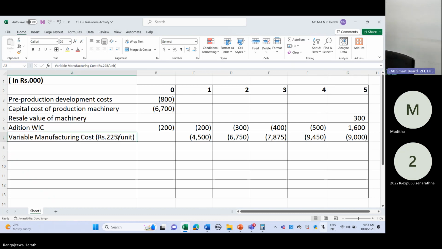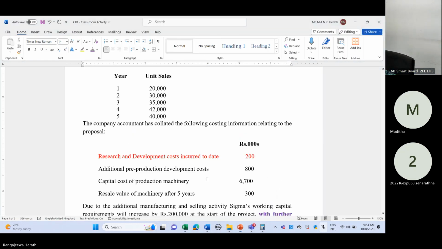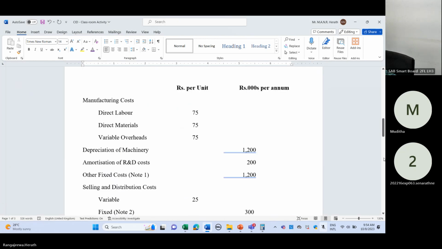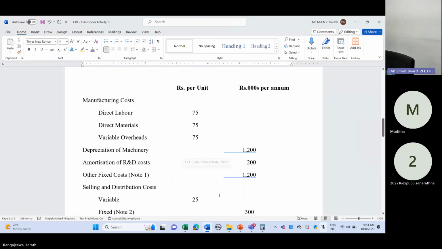In the same proportion, you can have the variable selling cost. Variable selling and distribution is 25, given as 25.